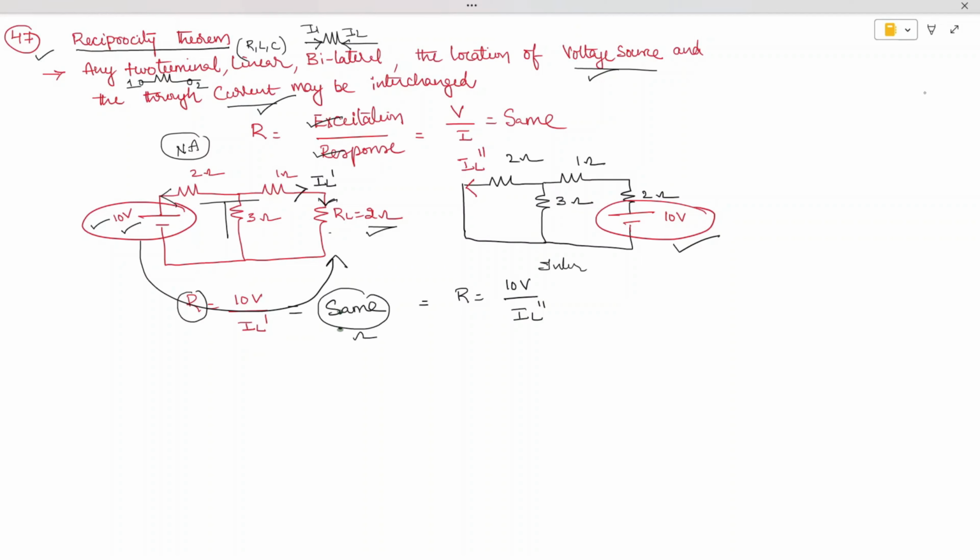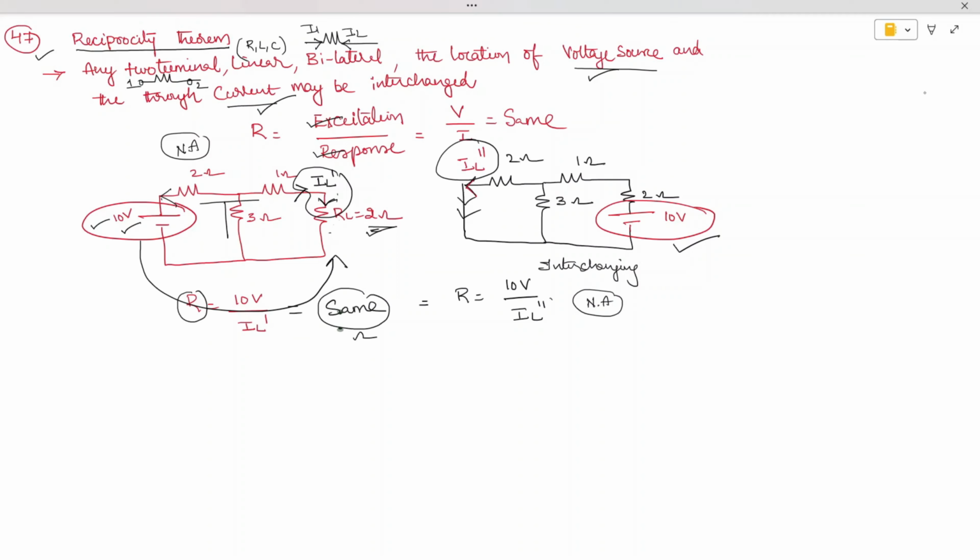This is the network obtained after interchanging the voltage source and the through current. Previously I was finding the current in the 2 ohm. Now I replace it with a voltage source of 10 volts and find the current in this branch. Again I should use nodal analysis or the current division rule and find the current IL dash which is flowing here.